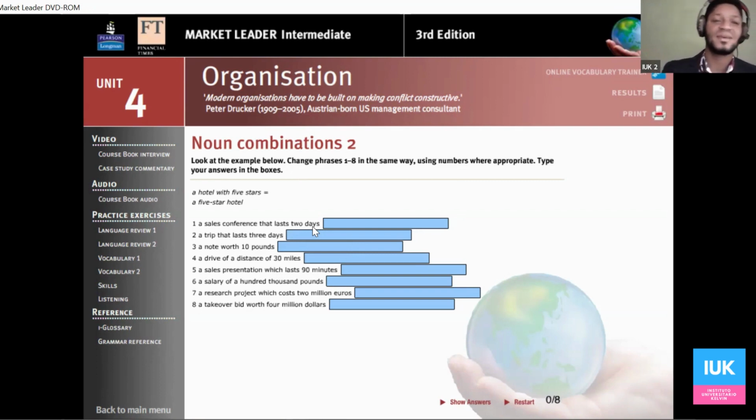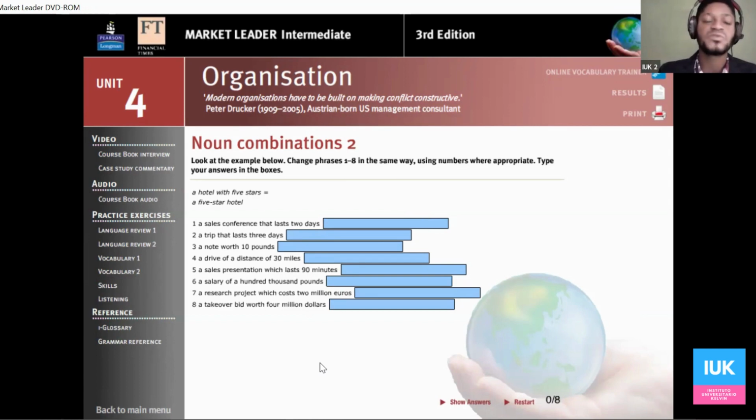Okay, number 2. A trip that lasts 3 days. How do you say it? A trip of 3 days or a 3-day trip?